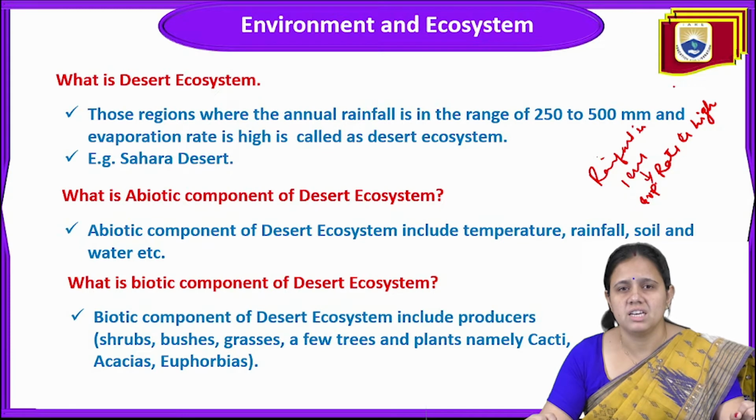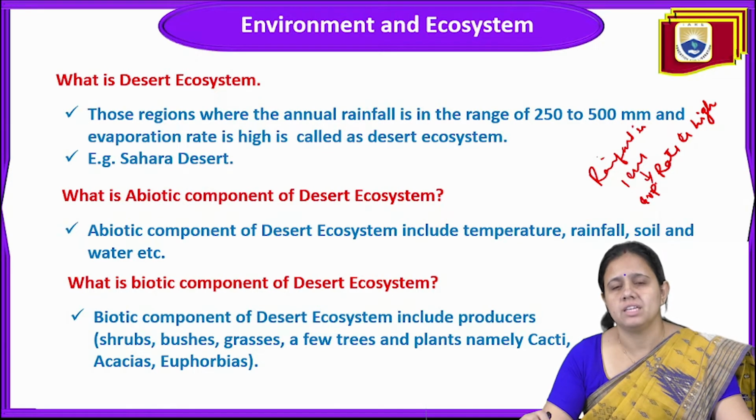They have very little annual rainfall, so if rainfall is very less, then they don't have much water. And their transpiration rate is also high, meaning the evapotranspiration rate is also high. So this kind of condition is called a desert ecosystem. An example of a desert ecosystem is the Sahara Desert.